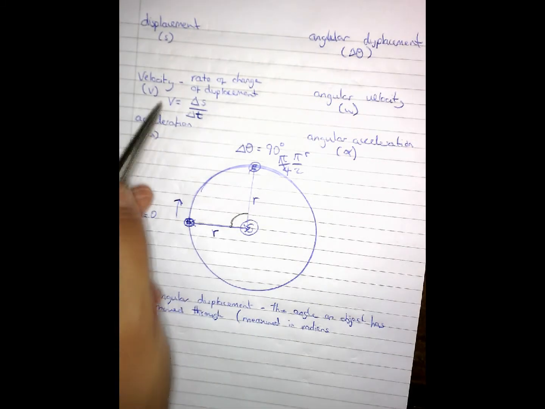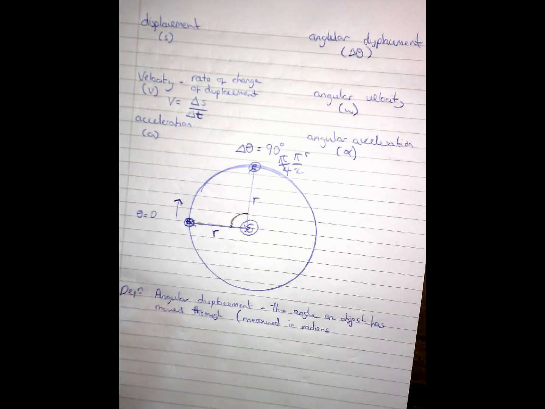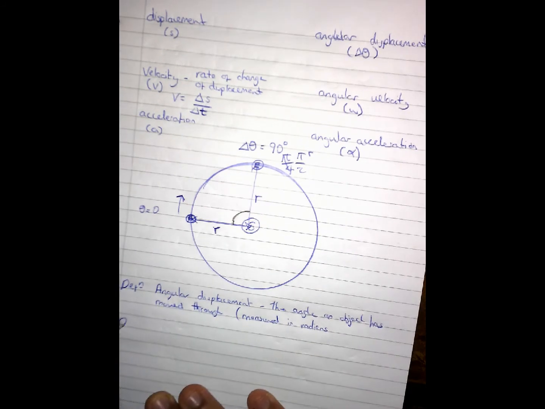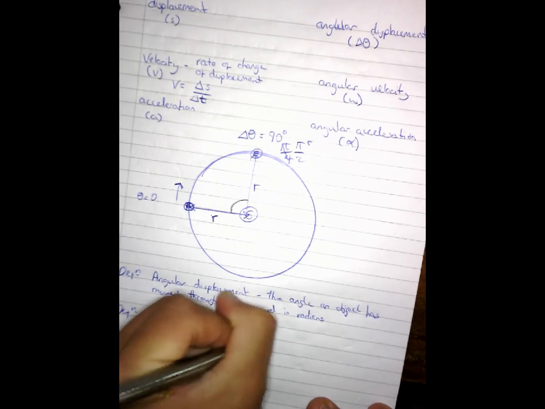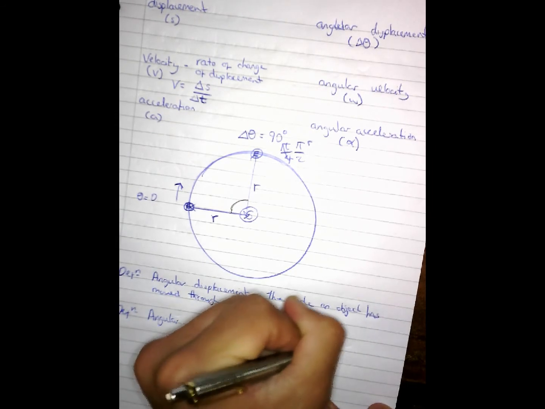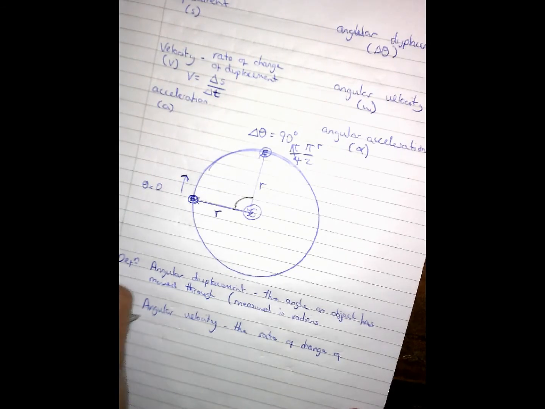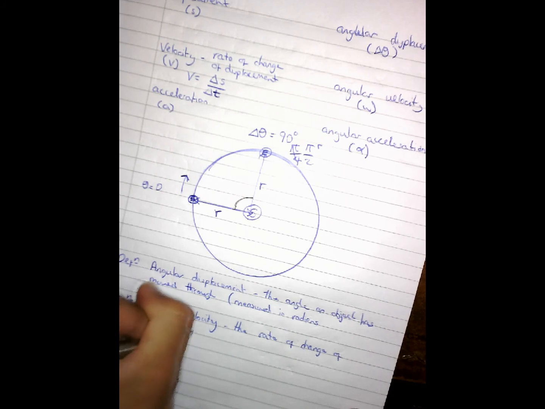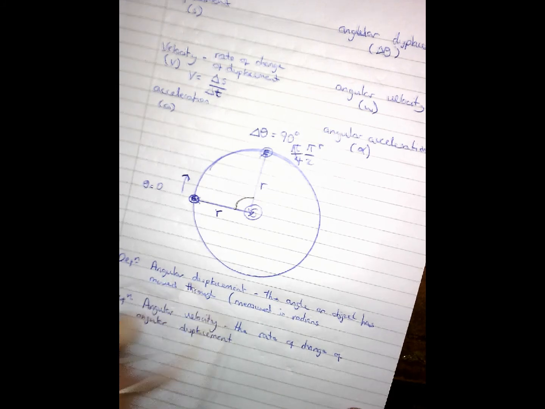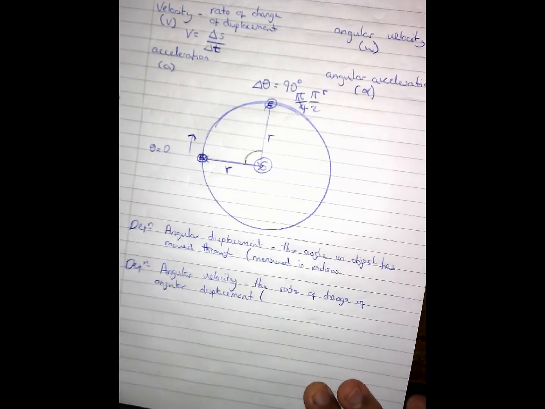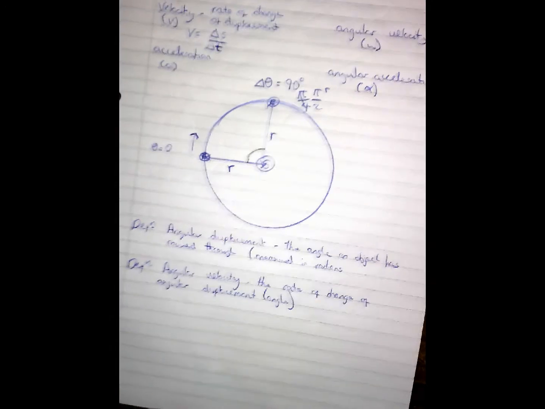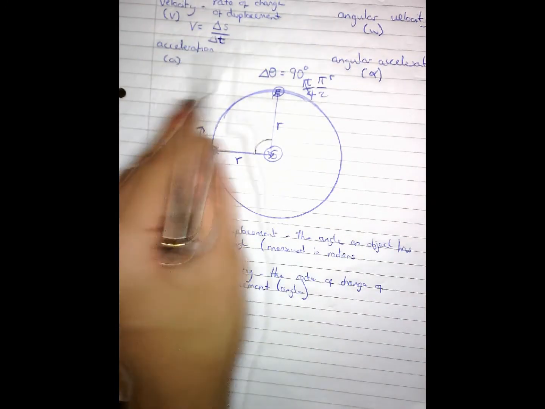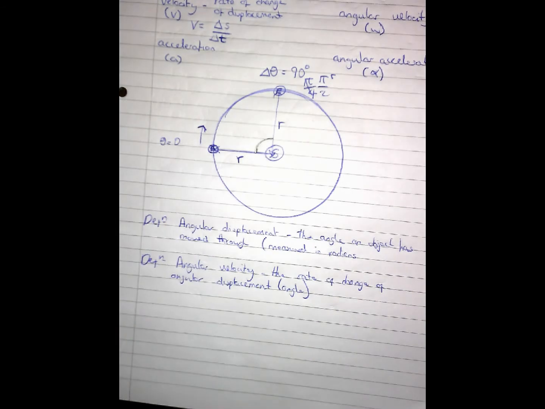If regular velocity is the rate of change of displacement with time, then simply the angular velocity is going to be the rate of change of angular displacement, or to put it in a bit of a shorter term, the rate of change of angle with time.